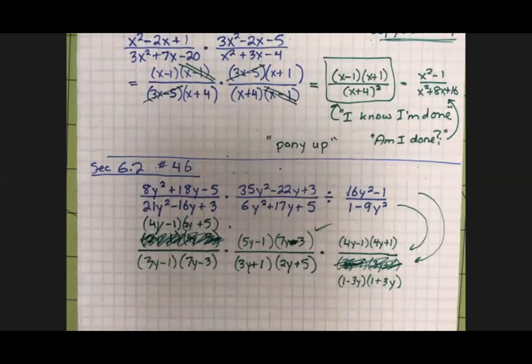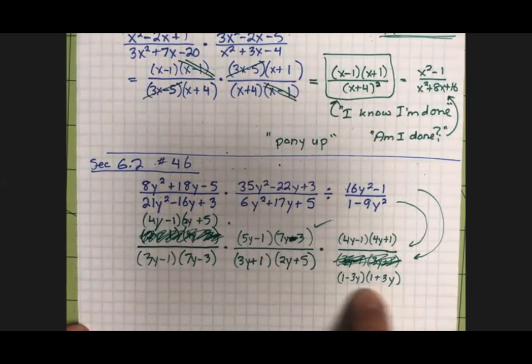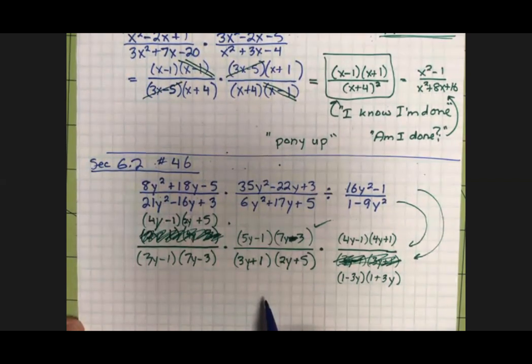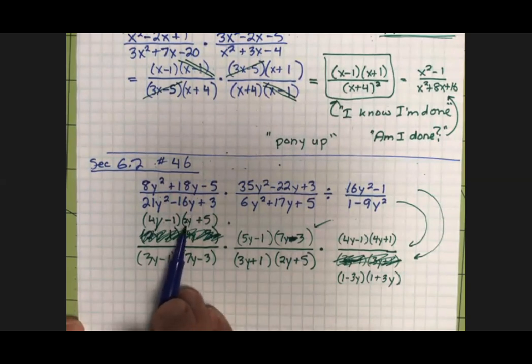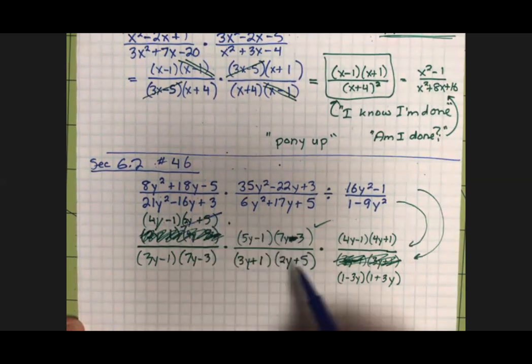But now let's work this, and then there is something I have to finish here. Okay, so tell me the pieces that cancel. So many pieces, but we can keep track of them. What do you see canceling? I wrote that 2 so small there, it's hard to read. So 2y plus 5, 2y plus 5.